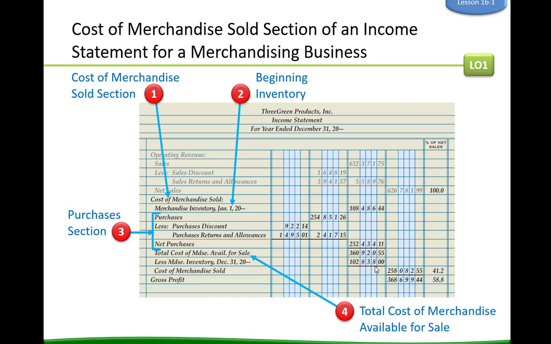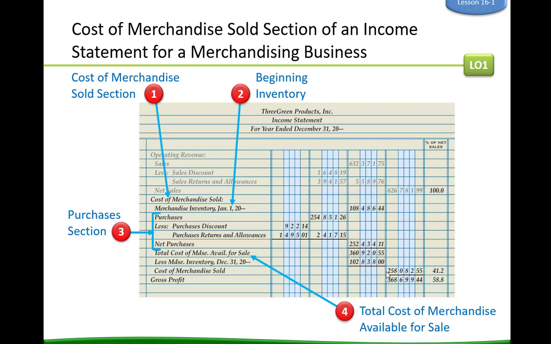Then you're going to go back to your adjusted trial balance and find merchandise inventory at the end. You're now going to subtract what's left over at the end of the year from the amount of merchandise available for sale, and that tells you how much has been sold that year.